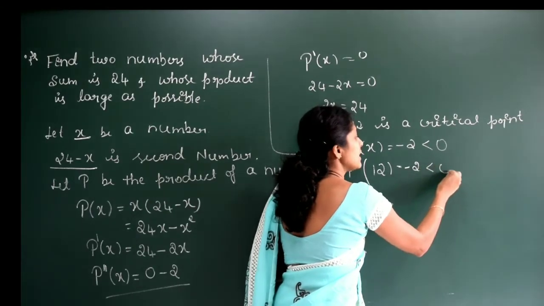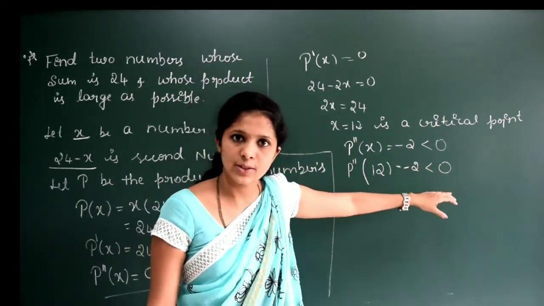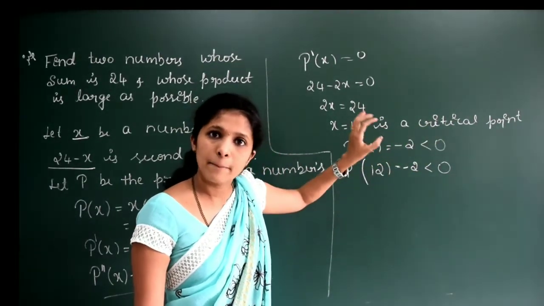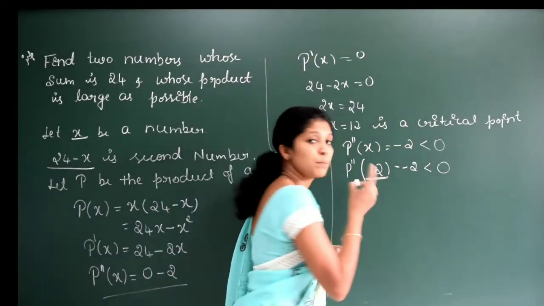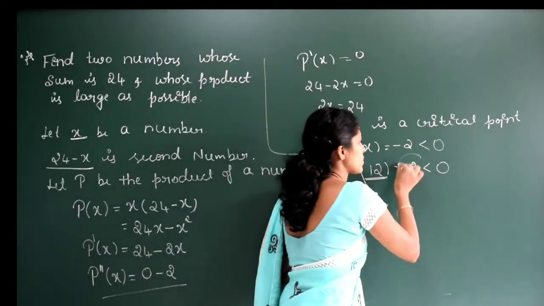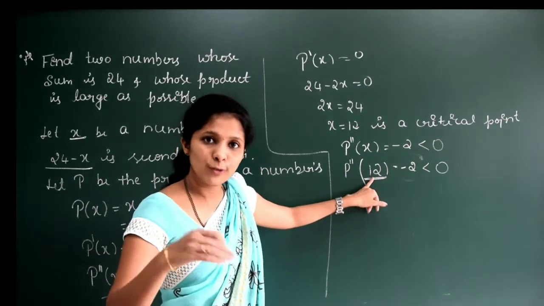Obviously, this is less than 0. Whenever p double dash of x is less than 0, at this point the function attains a maximum value. So 12 is called the point of local maxima.